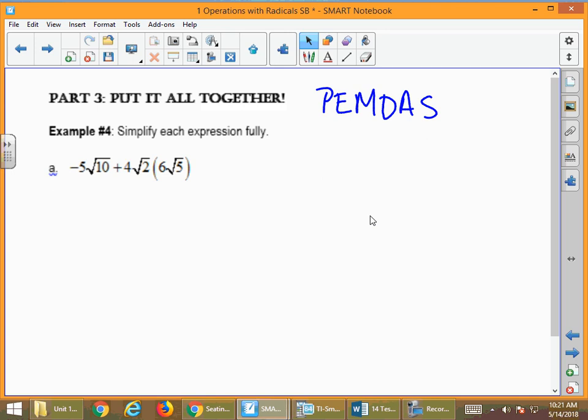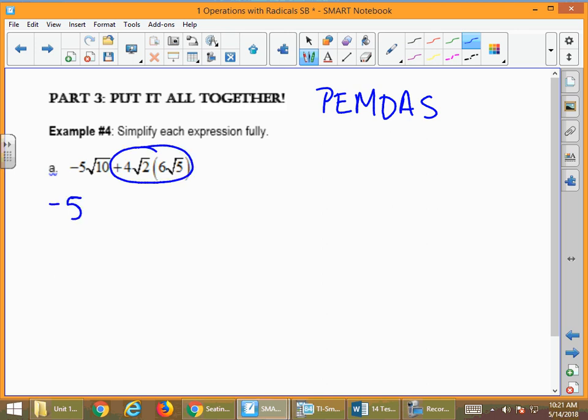So order of operations: parentheses for the P, exponents for the E, multiply, divide, add, subtract. In this particular problem on letter A, where we're simplifying each expression, we need to multiply first. So we've got negative 5 plus 4 times the square root of 2 times 6 times the square root of 5, but when we multiply, remember, multiply the coefficients. 4 times 6 is 24, and square root of 2 times square root of 5 is square root of 10.